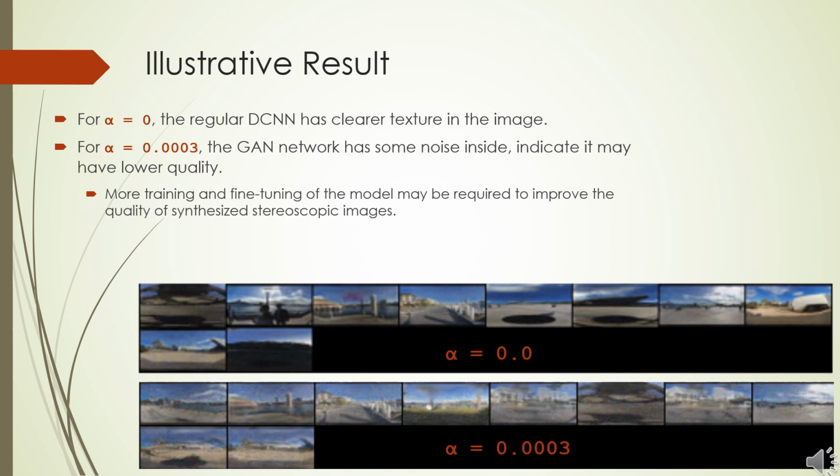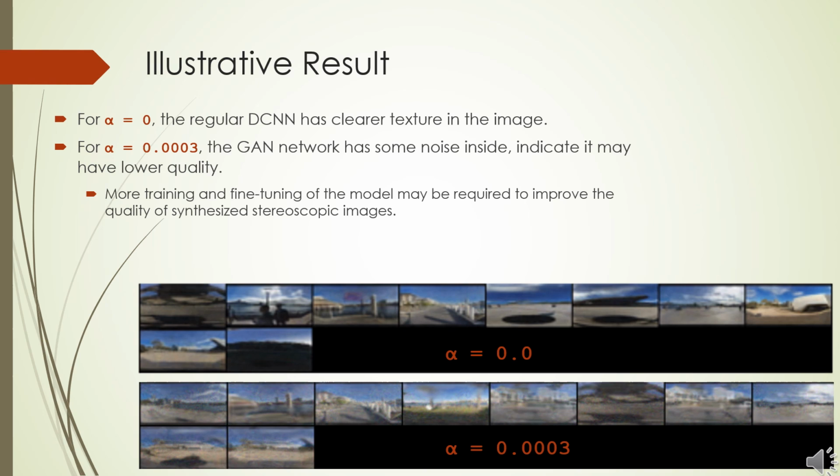So in this slide, it shows some illustrative results, which are the outputs of the model when we set alpha to 0, indicating a regular DCNN, and alpha equal to 0.003, which indicates a GAN network. We can see that the GAN has some noise in the image, indicating that it may have a little bit lower quality than the image generated using the regular DCNN.